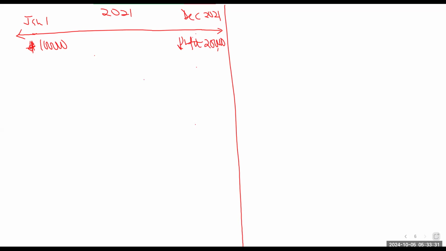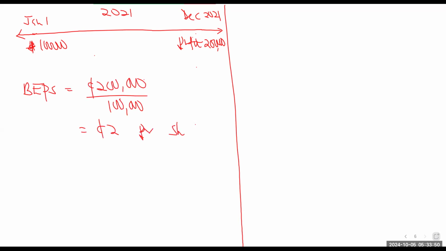What will be our earnings per share over here? The basic earnings per share will just be the 200,000 divided by the 100,000, isn't it? And we have 2 cedis per share. Okay. Let's come to the 2022 year.